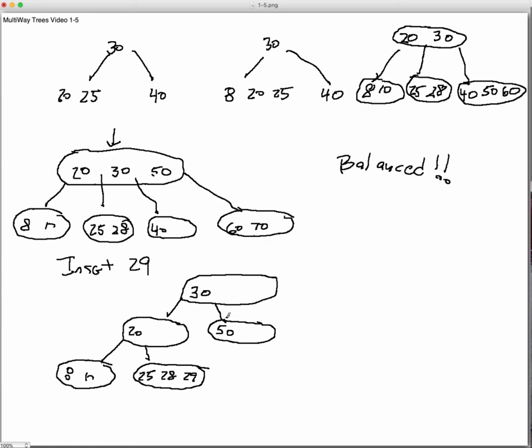I only split them when I encounter them on the way down. I come over here, and here is going to be my reference to the 40. And I'm going to come over here, and I've got my 60 and 70. And look at that, it's still balanced. Very cool.